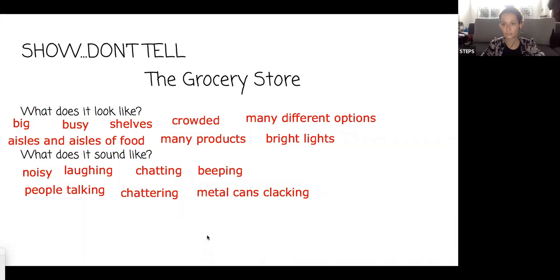Mm-hmm. Okay, good job, B. That's definitely a sound that we hear in the grocery store. So I hope that none of you go into a grocery store and just scream at the staff. That would be very impolite.